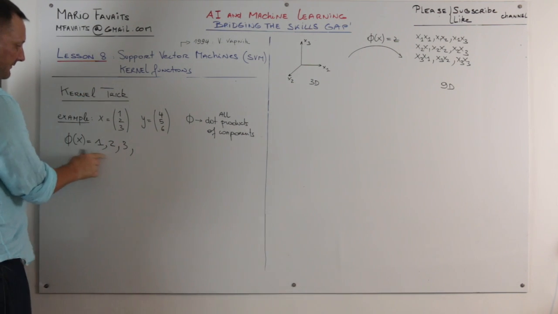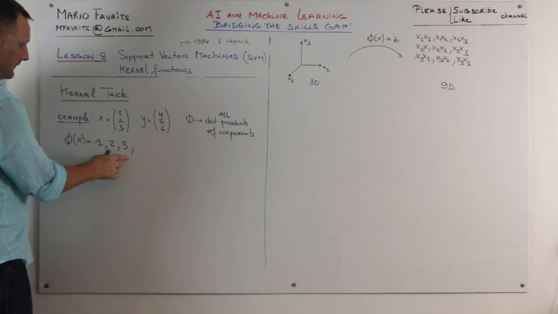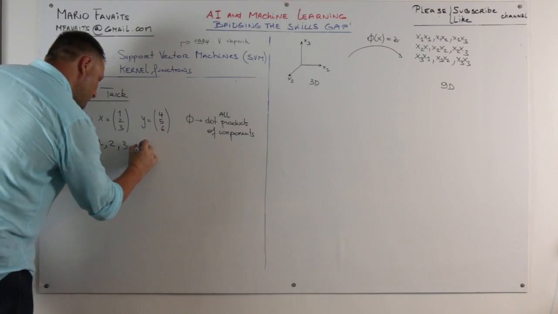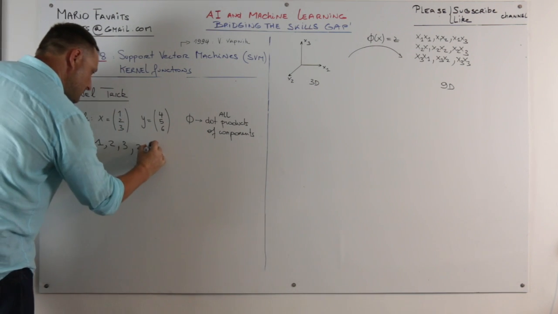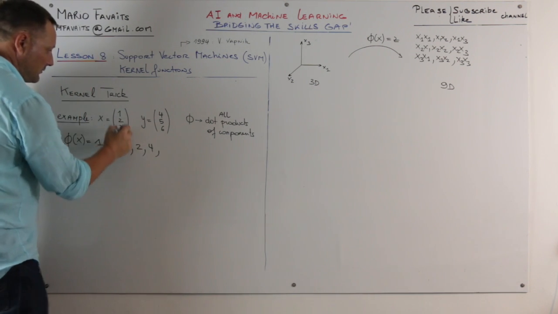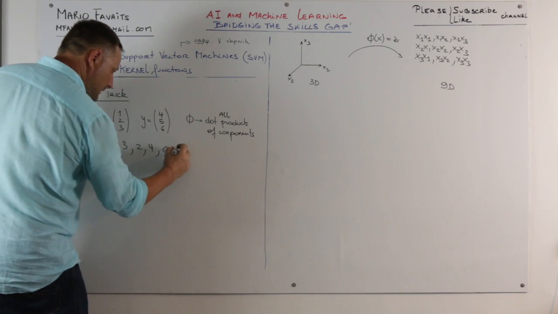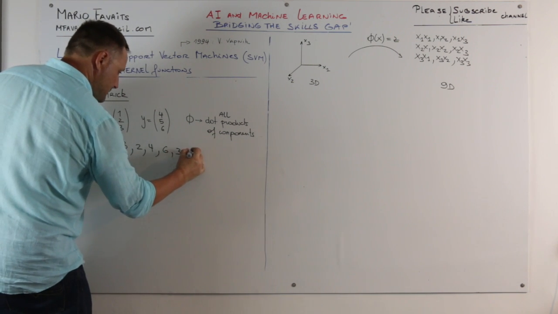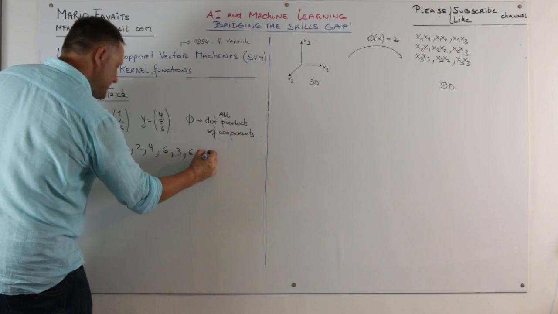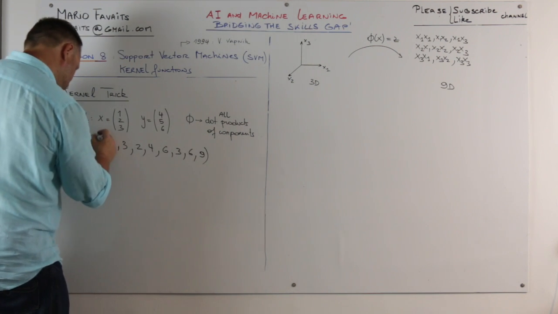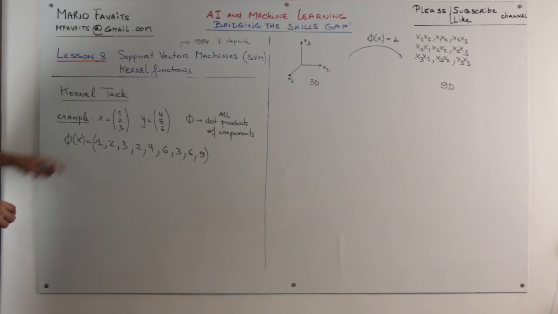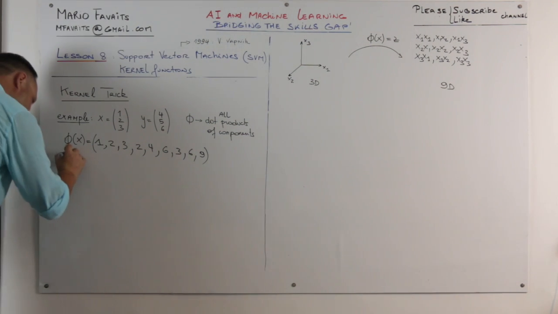And then we have 2 times 1 is 2, 2 times 2 is 4, and 2 times 3 is 6. And then 3 times 1 is 3, 3 times 2 is 6, 3 times 3 is 9. So we go from 3-dimensional to 9-dimensional.